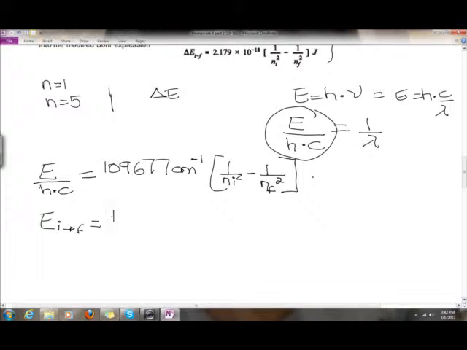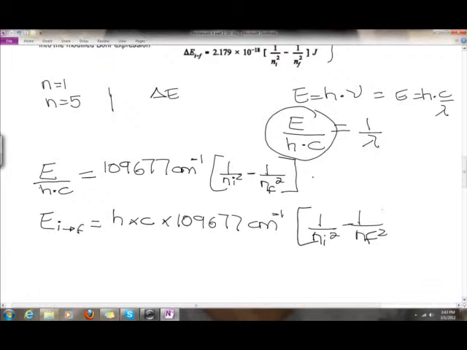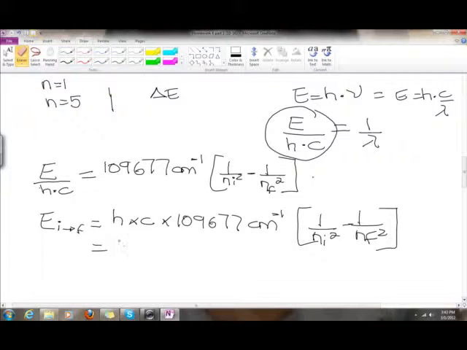So what we have to do is multiply h by c by 1.09677, the same constant, times 1 over n_i squared minus 1 over n_f squared. Let's do the calculation. This is the only thing you have to do. That's it.